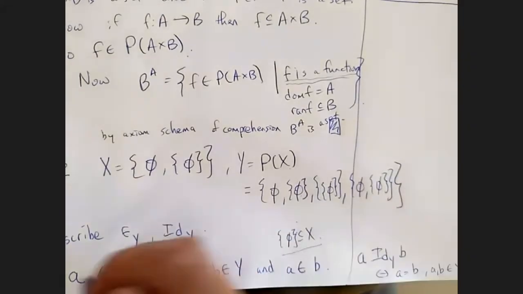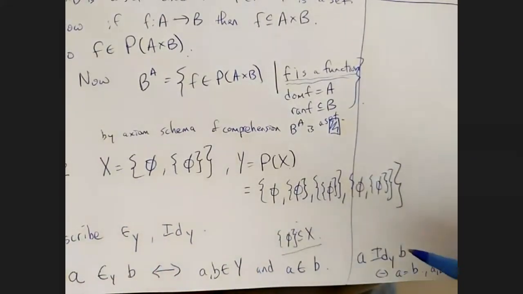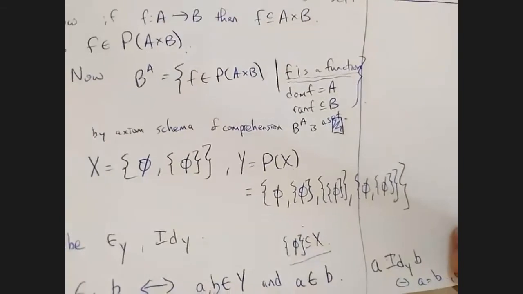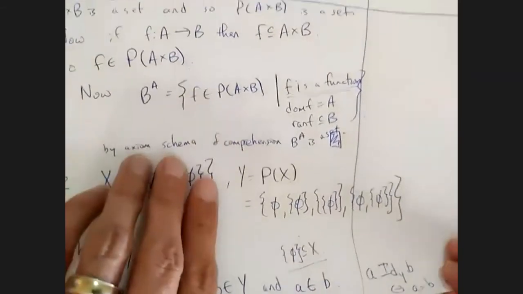To write these things down, we just need to go back to the actual definition for the identity relation and membership relation. Maybe it's worthwhile for me to write those two things down, so let me flip this page.